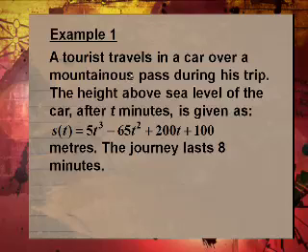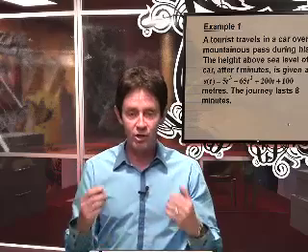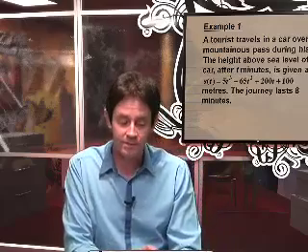A tourist travels in a car over a mountainous pass during his trip. The height above sea level of the car after t minutes is given as this cubic equation, and the journey lasts 8 minutes. This is a real-world application of cubic equations and cubic graphs in particular.